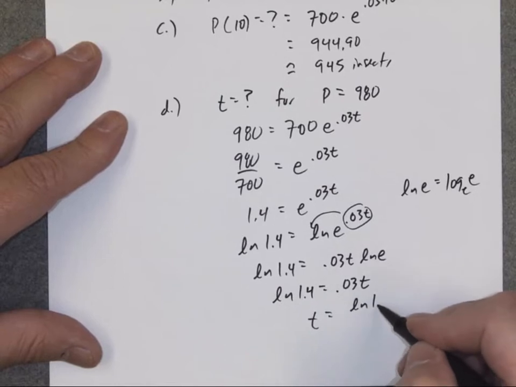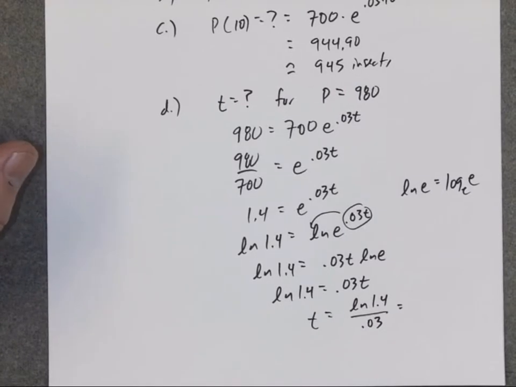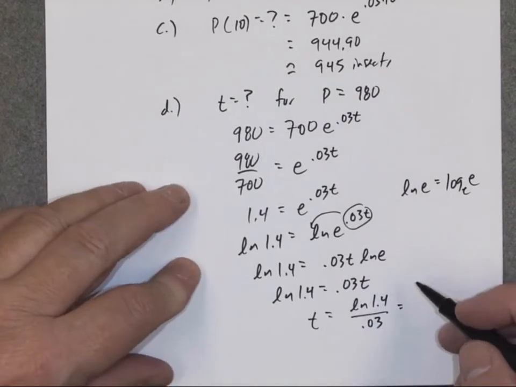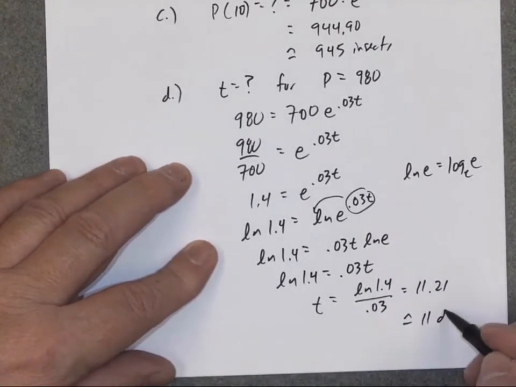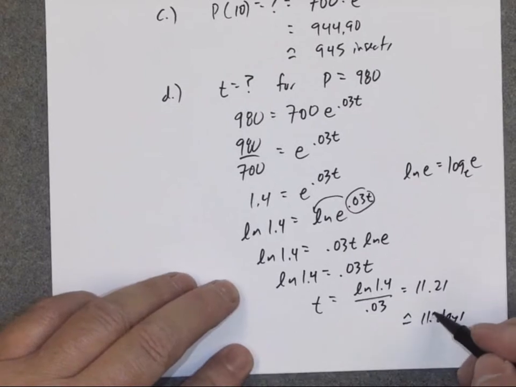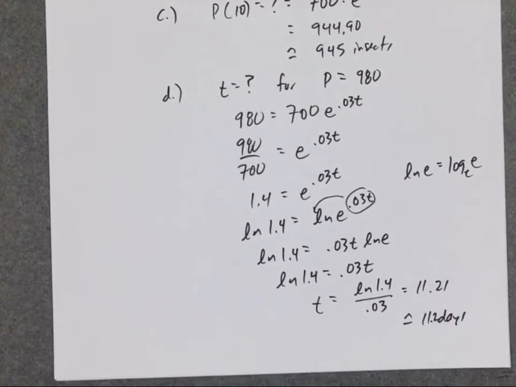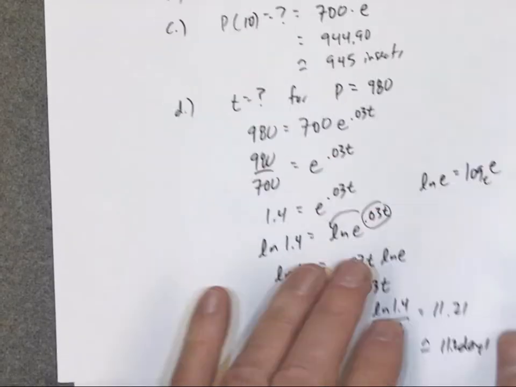If I solve for t, so I grab my calculator, and here's the answer, but they say approximate it to the number of days. Approximately 11 days. Oh, they say to the nearest tenth, sorry, 11.2 days. That's D, and then E, when will the population double?